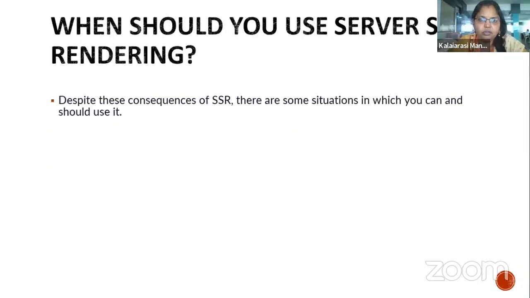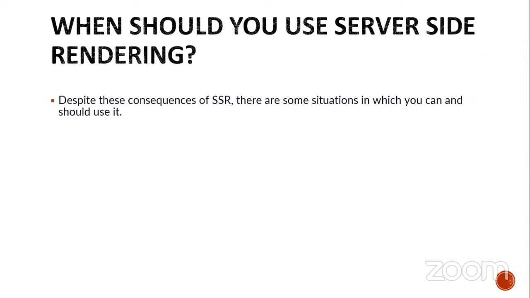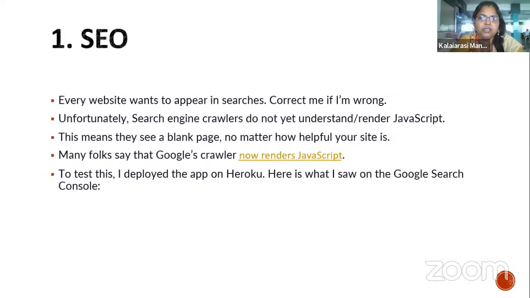And when we should go for server-side rendering, this is the very important thing. Despite there being many cons, there are important pros also. So that's why we go for server-side rendering, and there are some situations where we have to use it. This is also something we have seen, like SEO. Whenever a web application needs SEO, the search engine crawls and checks for certain keywords, and understands and renders it.